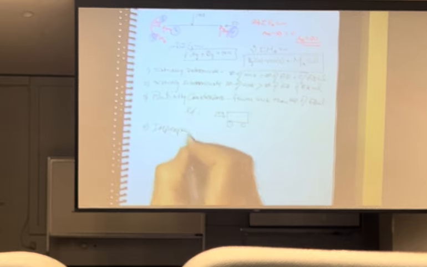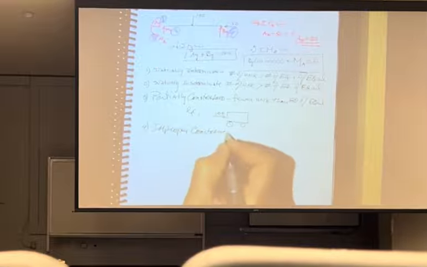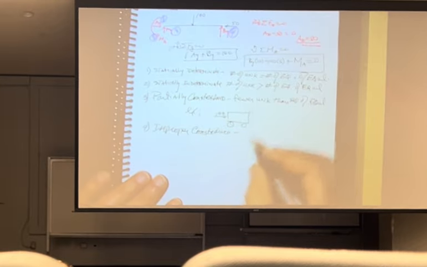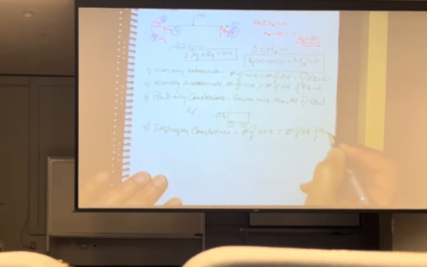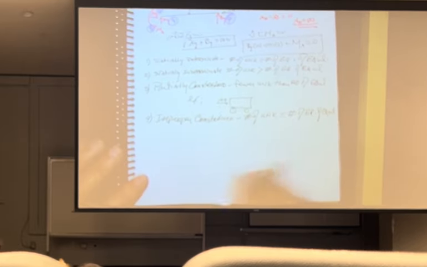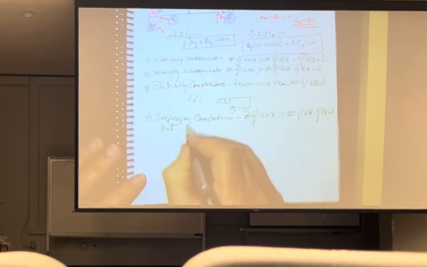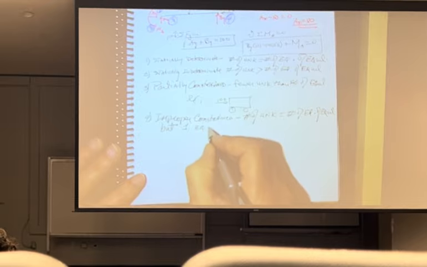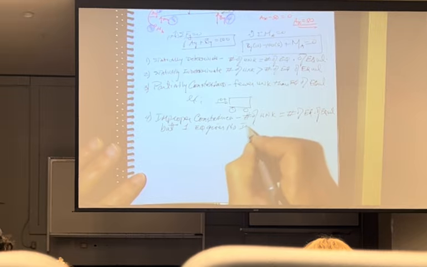Number 4, improperly constrained. This says number of unknowns equals number of equations of equilibrium. But, there's the big but, one equation gives no info.